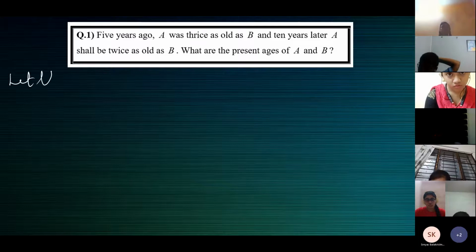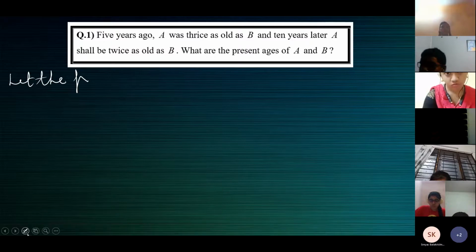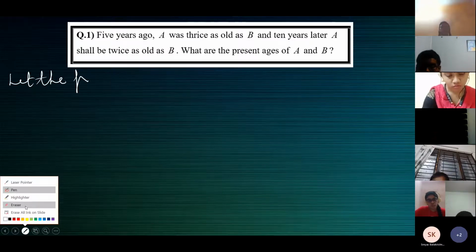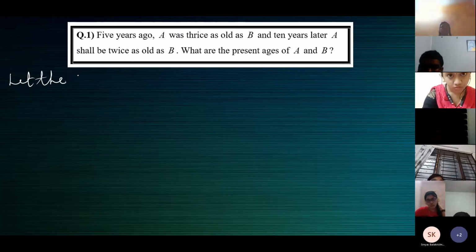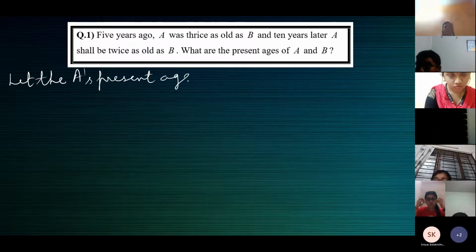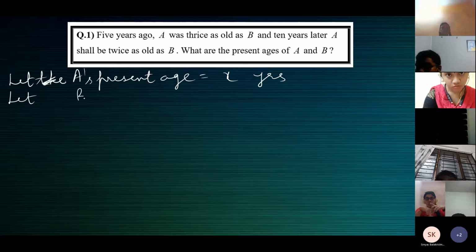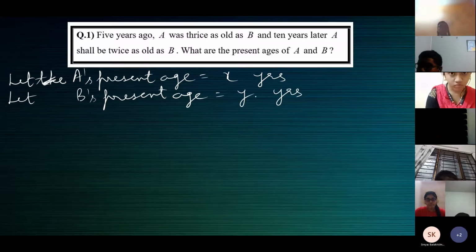Let A's age be X years, and let B's age be Y years. So A's age, B's age, X and Y years.